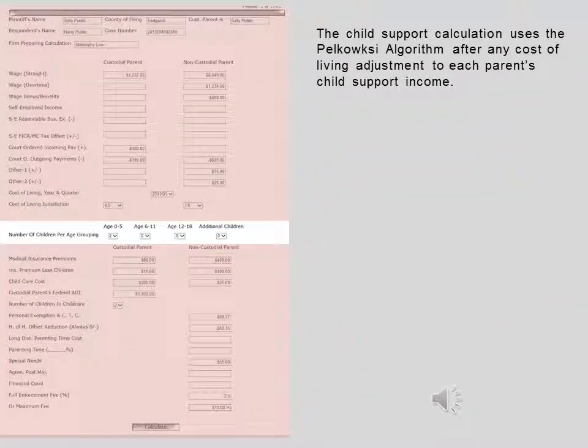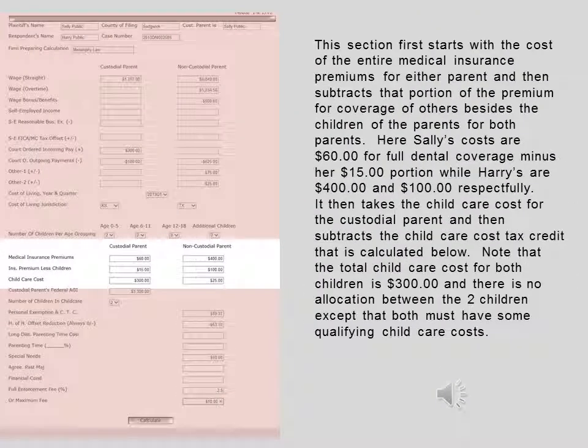The child support calculation uses the Pelkowski algorithm after any cost of living adjustment to each parent's child support income. This section first starts with the cost of the entire medical insurance premiums for either parent, and then subtracts that portion of the premium for coverage of others besides the children of the parents for both parents.